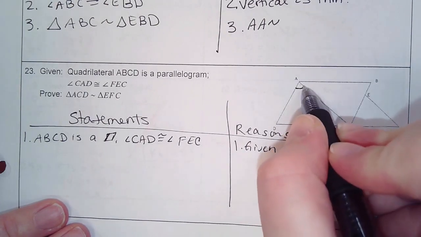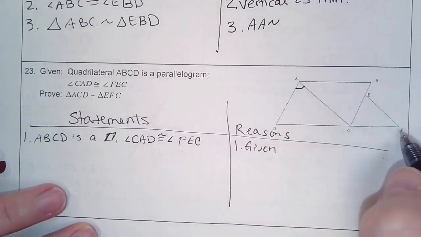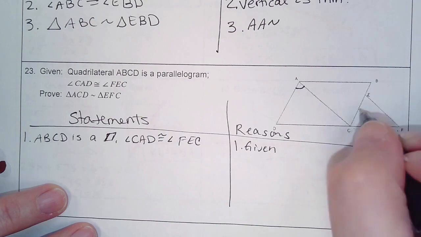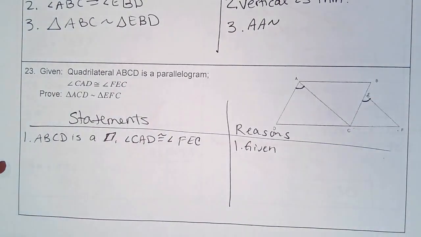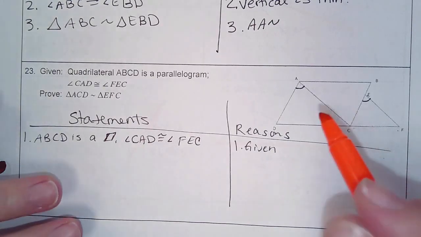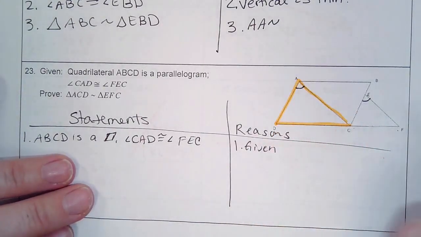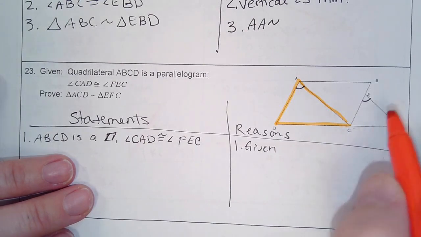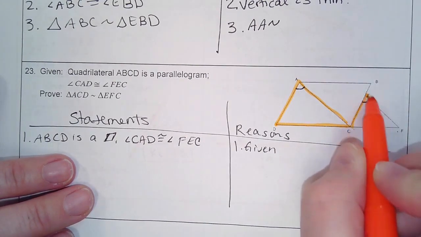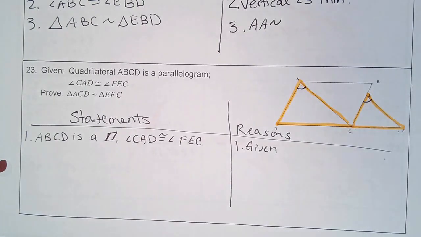CAD, this angle, is congruent to FEC, this angle. Okay, so I'm trying to prove that triangle ACD here is similar to EFC here.